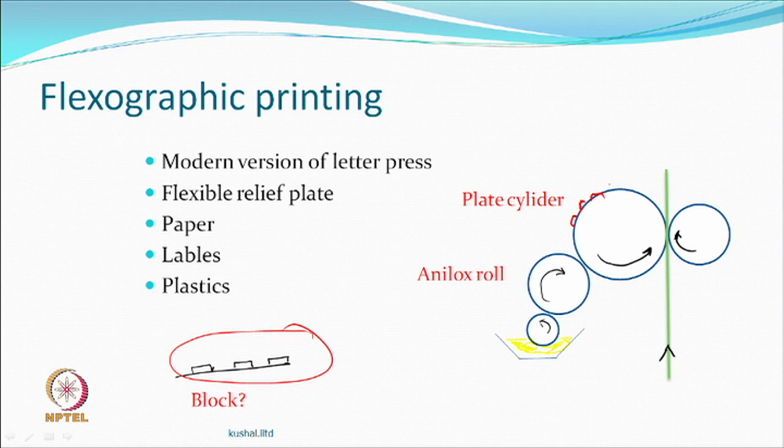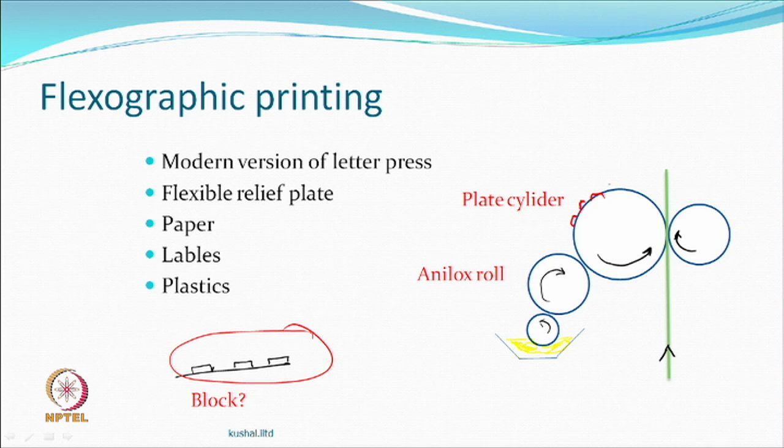Then you wrap it around, and it can be used for paper printing, or labels, or plastics also. So, this technology is available for doing this type of job. This is in some sense a continuous method of printing.